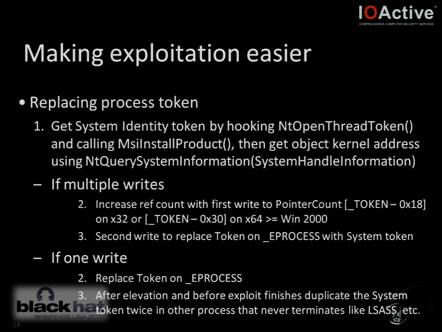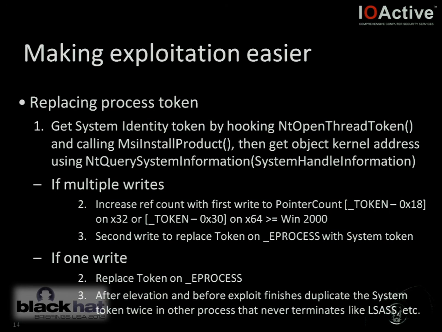Because, of course, if you are exploiting something, you are running under a low privilege account, so you get this system token, you replace your primary token, and then elevate privileges. But, like I said, you must take care of the reference count. Because if you remember, all this is without running any code in kernel.